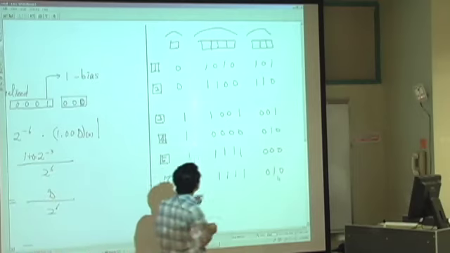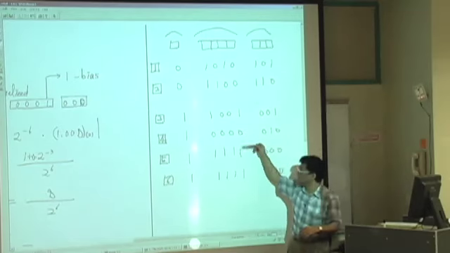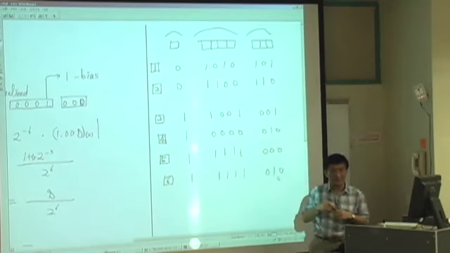Normalized. Right. 3 things are denormalized. This is denormalized, and these are other cases.